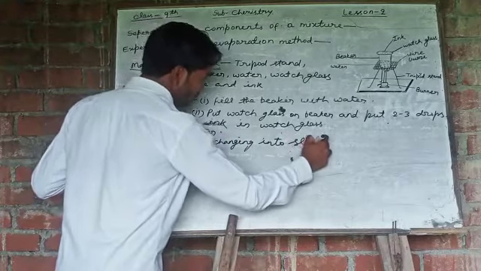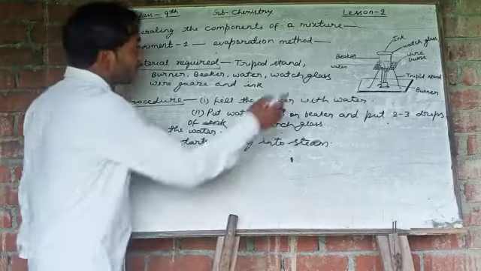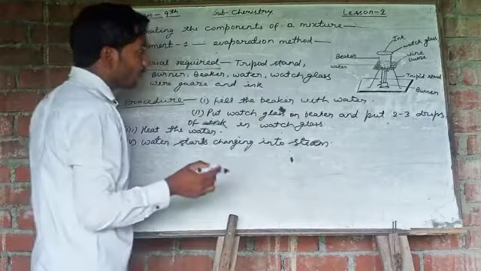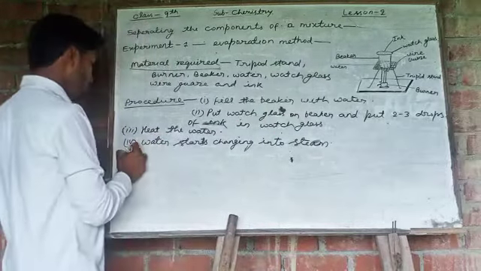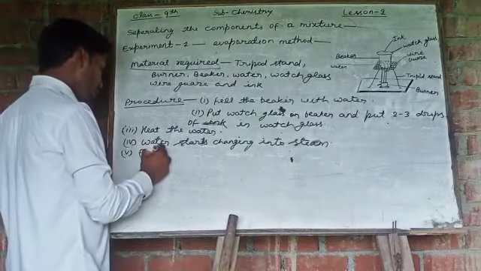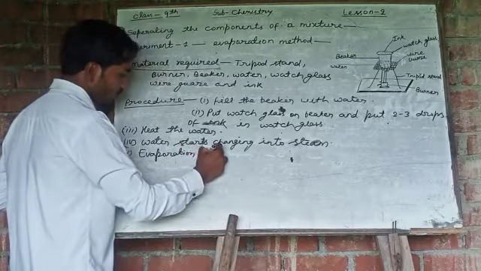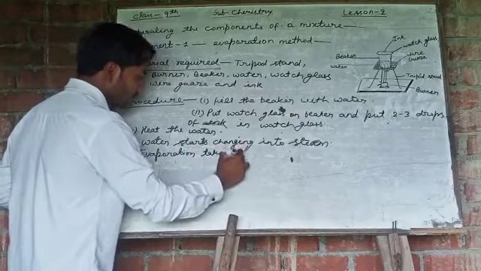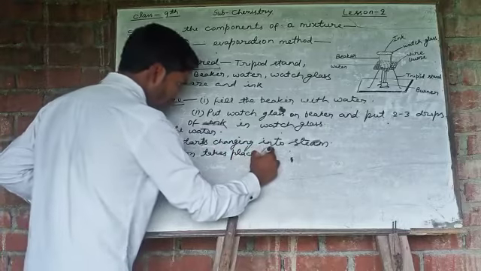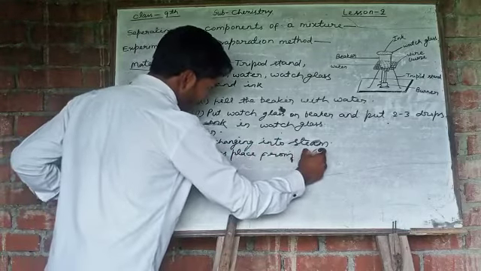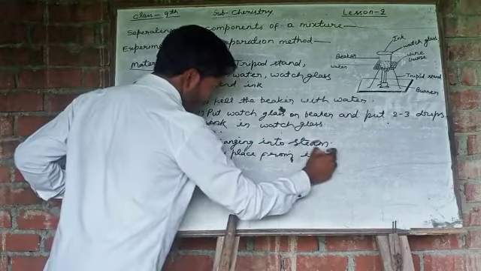When water changes into steam, it will evaporate, and evaporation takes place from the ink. When evaporation takes place, water will evaporate and the color dye will remain there.